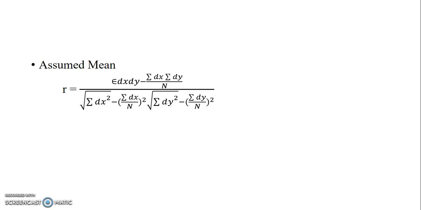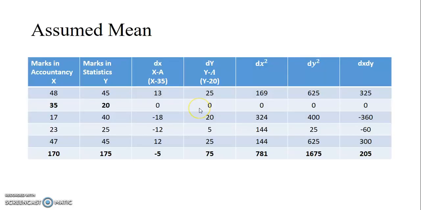Next we are going to use the assumed mean formula in the same problem, that is sigma dx dy minus sigma dx into sigma dy by n, the whole divided by root of sigma dx square minus sigma dx the whole square divided by n, into root of sigma dy square minus sigma dy the whole square divided by n.